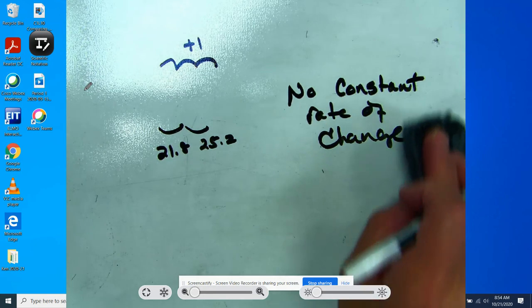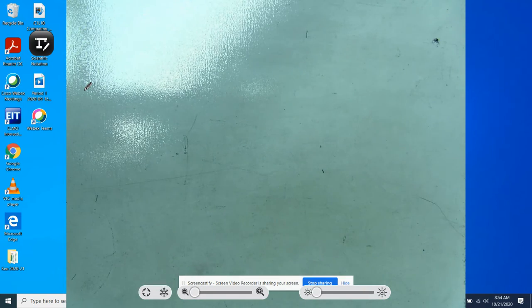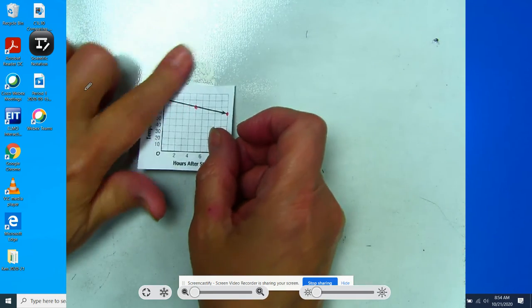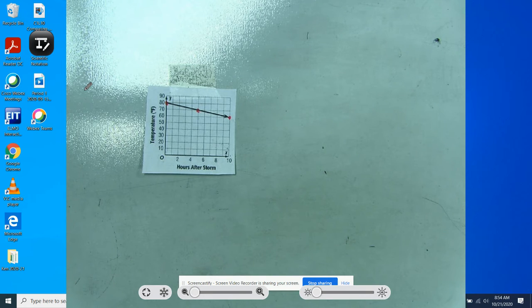All right. So the other kind of way you're going to be looking for things is you're going to see things in a graph. So you might get something that looks like this. So we have this picture. Now, in order for us to figure out whether or not we have a constant rate of change, we just ask ourselves, is that a straight line?